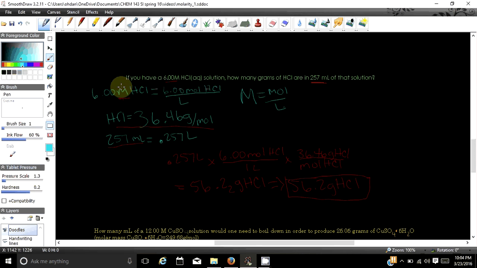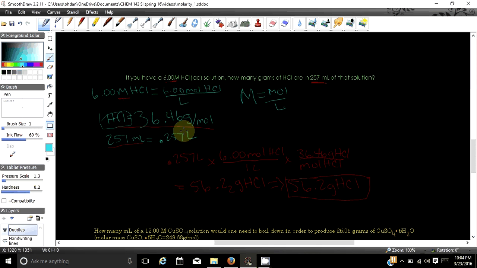Since we have a 6 molar solution, for every liter of solution we have 6.00 moles of HCl, because that's what we're worried about. I calculated HCl's molar mass for you. It's 36.46 grams per mole. And then you also want to take your milliliters, since molarity is moles per liter, and convert them to liters. So 0.257 liters, and this is where you start setting up your equation.